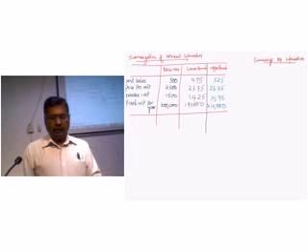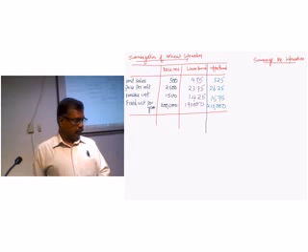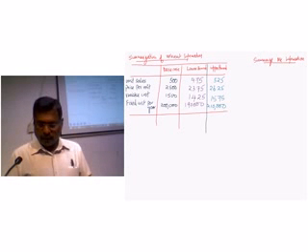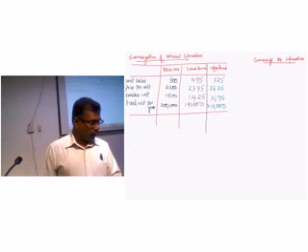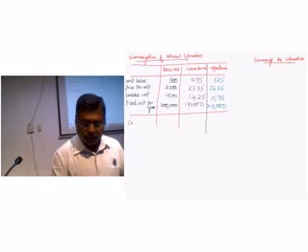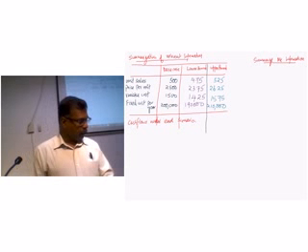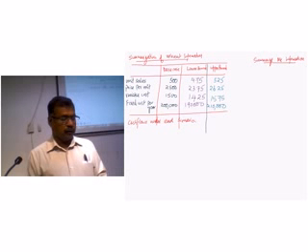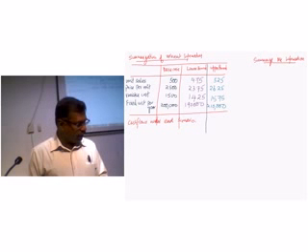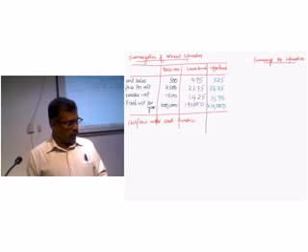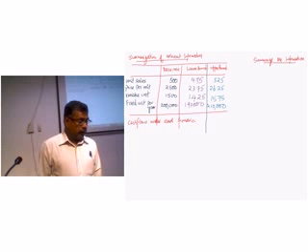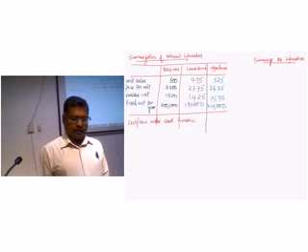Now we need to go for calculations. Given 150,000 depreciation per year, we need to calculate cash flows under each scenario.